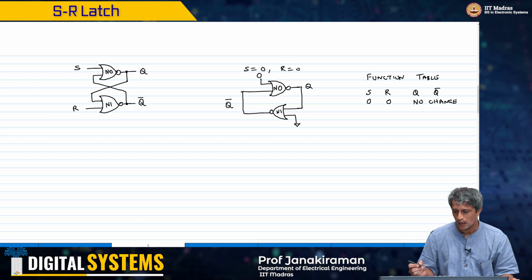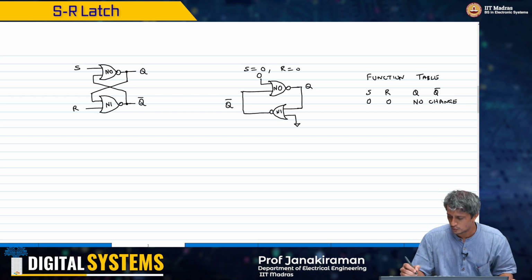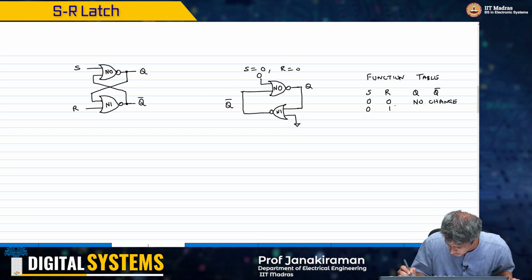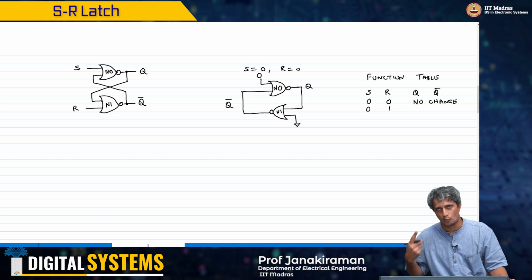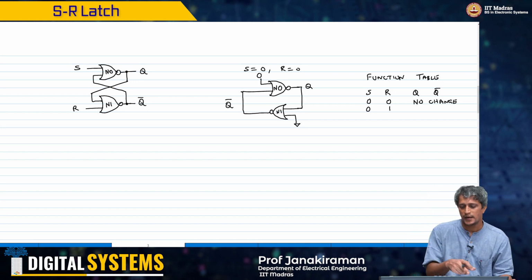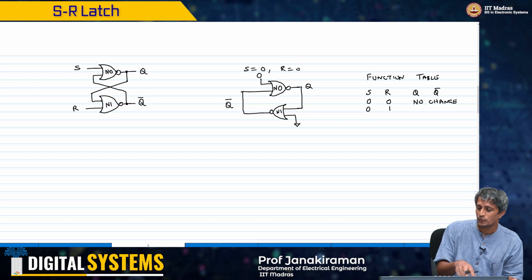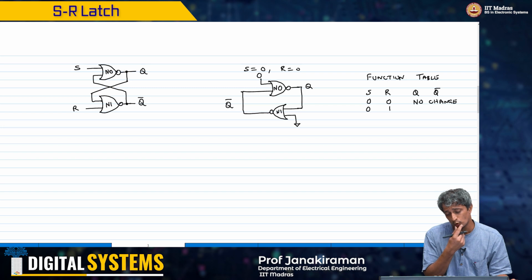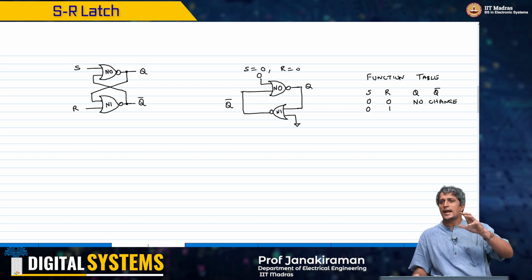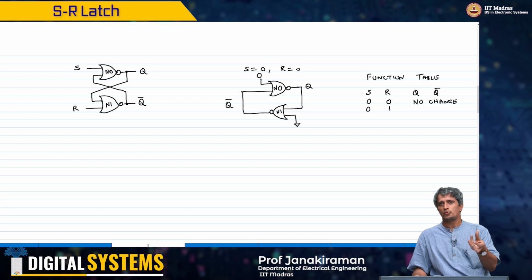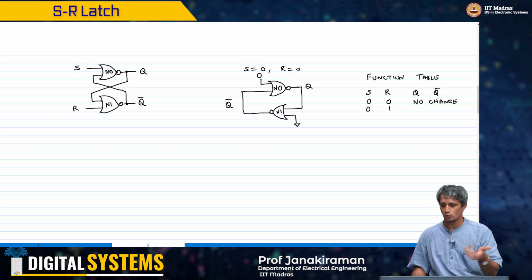Now when S is equal to 0 and R is 1, then the NOR gate is when any one of the inputs happens to be a 1, the output will go to a 0.